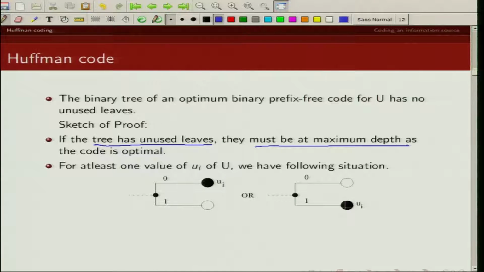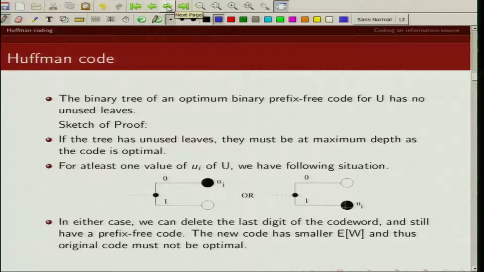Now if they are at the maximum depth, then one of these two things can happen. Since it's a binary tree, there are two leaves. Either one of these is assigned a code word and the other one is an unused leaf, or we could have this as an unused leaf and a code word assigned to this. In either case I can move this code word here, and in the process I am decreasing the expected code word length by 1.